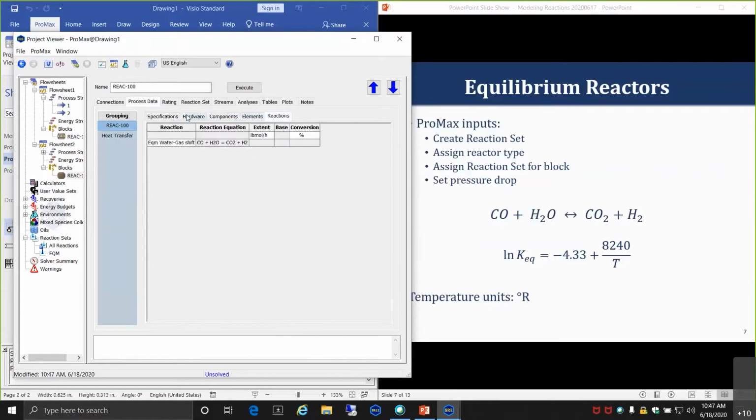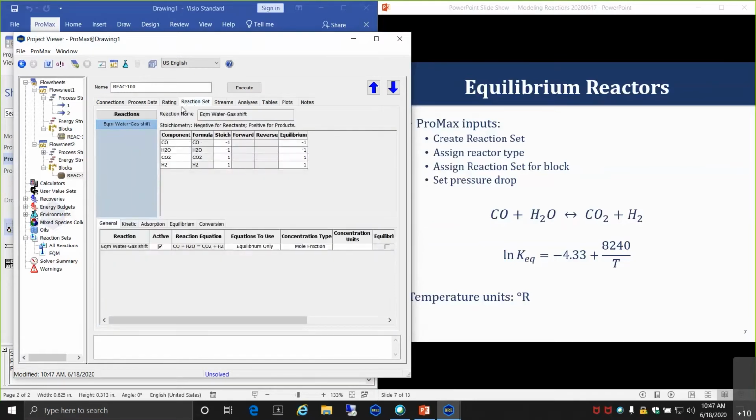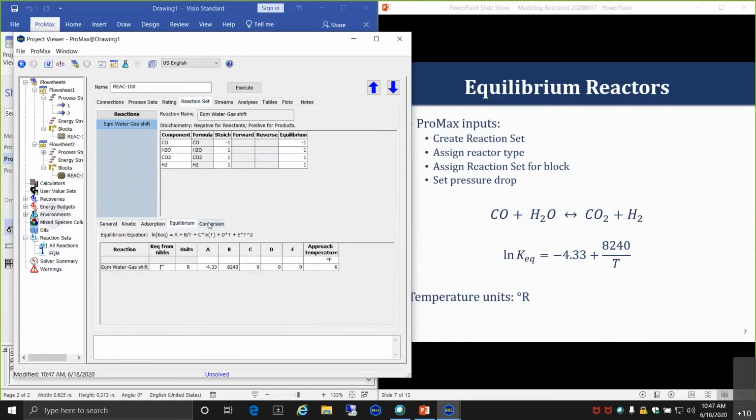And if you come to the reaction set tab for the reactor itself, you can actually change various aspects of all of that data that we set originally. And so you can tweak each of these reactions within the reaction set for this specific reactor.